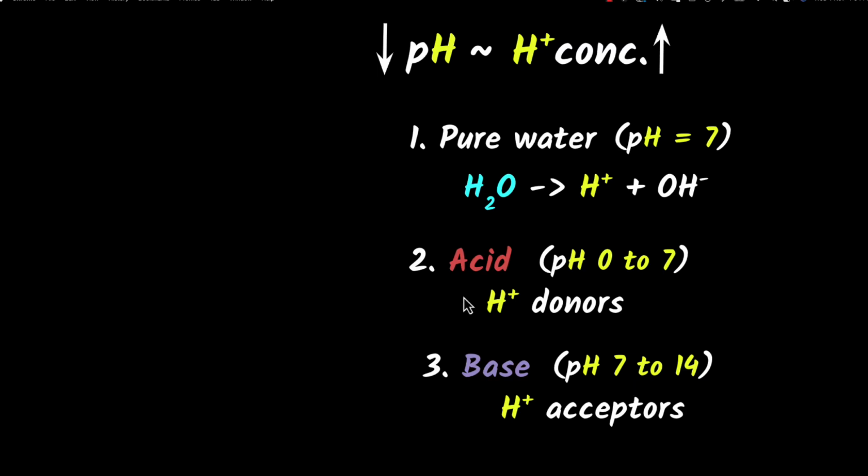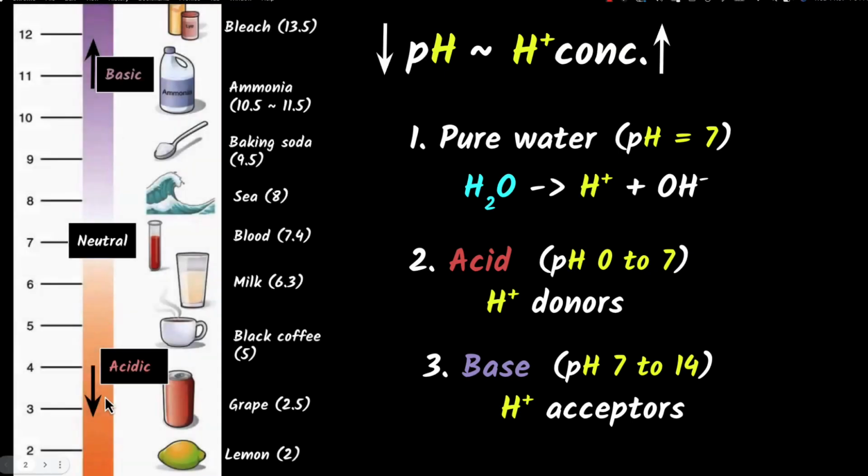Okay, and let's take some examples now. Now that we have pH, we can create a pH scale. You can see on this side, as you go lower in pH, it's more acidic. If you go higher in pH, it's more basic, and somewhere near 7, you have neutral. You can pause the video and go through these examples. For example, blood has a pH of 7.4, so we say blood is pretty much neutral, slightly basic, but close to neutral.